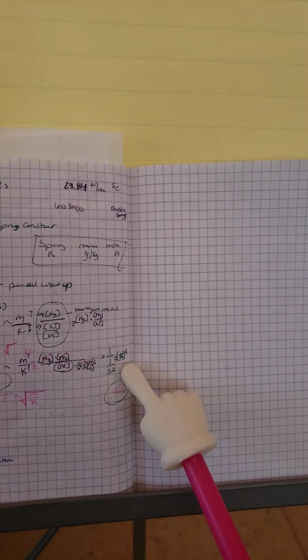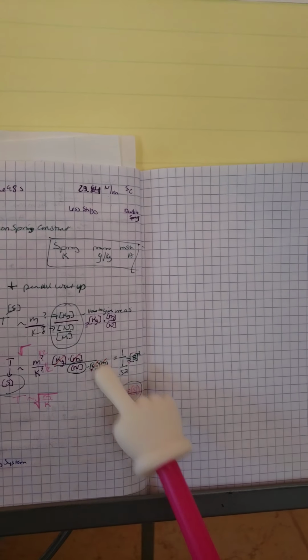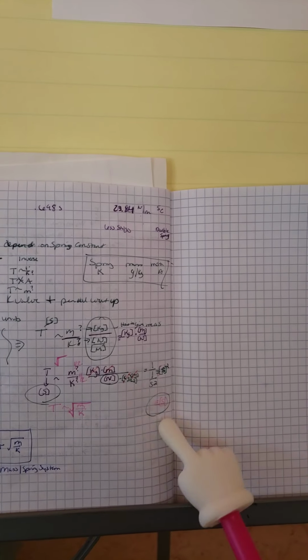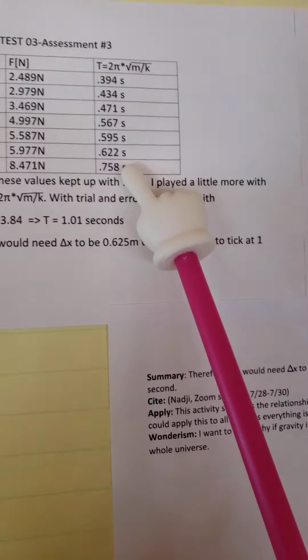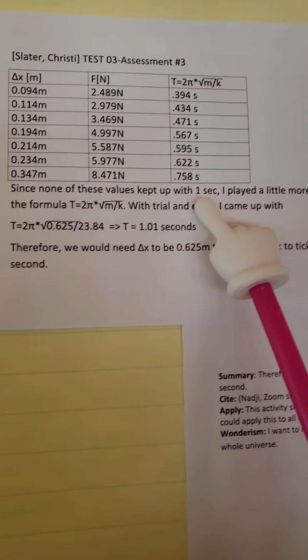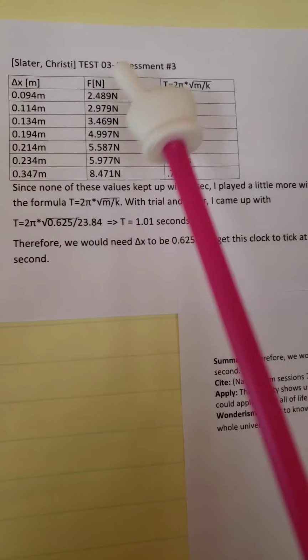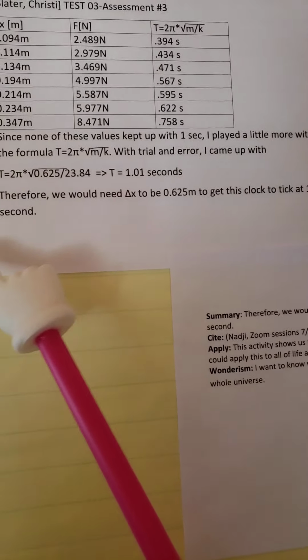We did the square root of seconds, and we ended up with seconds. So ultimately, the period is in seconds. You'll see that here, we've got our meters, our newtons, and our seconds.